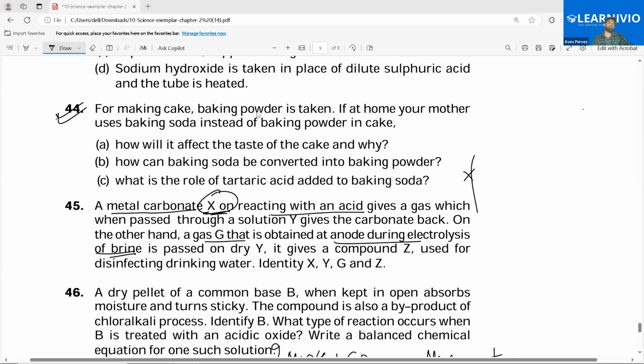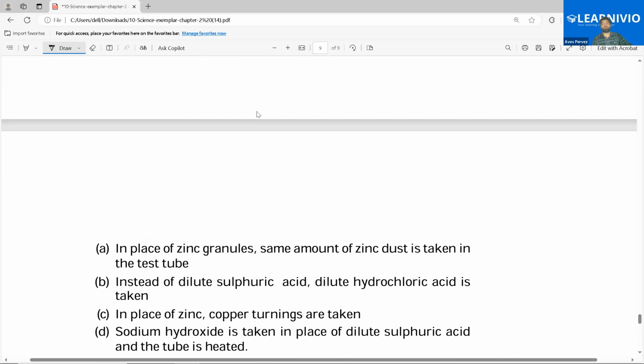Sodium carbonate is a basic salt. Why is it a basic salt? Because it is a salt of a strong base and a weak acid. So you do Na2CO3 plus water. Okay, so this is the reason.